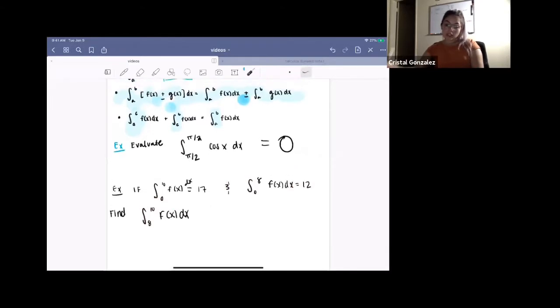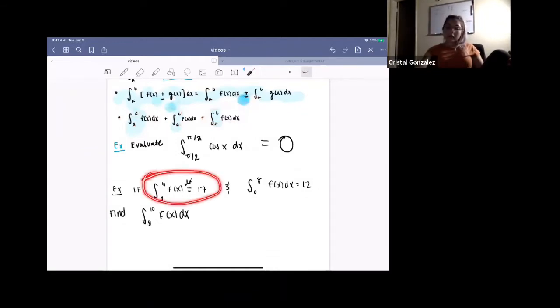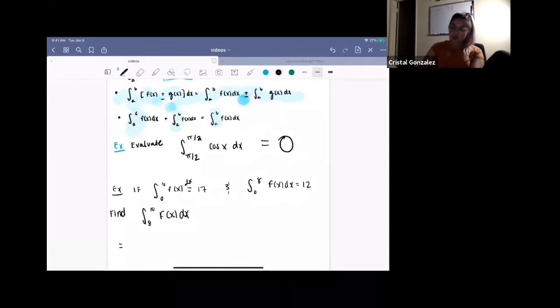Well, if we look at that very last property, it says that if I have the integral from a to c of f of x dx and the integral from c to b, then that gives me the entire area. Here I'm given the entire area, and I know one of those pieces and not the other. So let's rewrite it using that property.